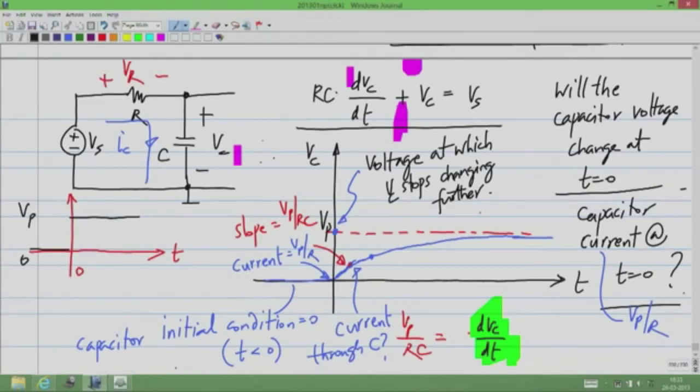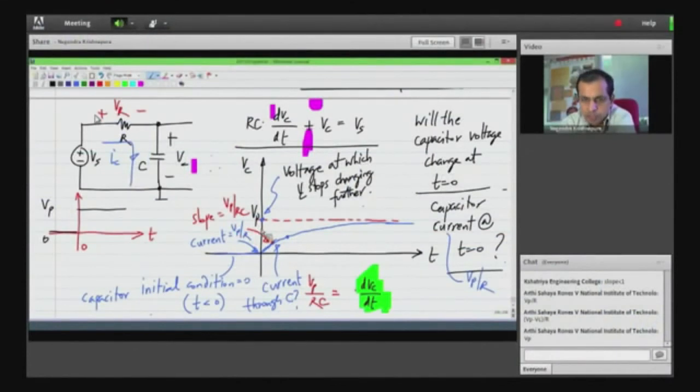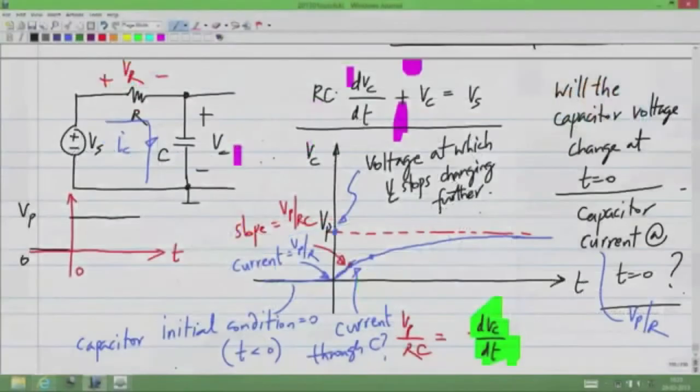So I hope this intuitive description of how an RC circuit responds to a step is clear. If not, please ask your questions and I will clarify it further. What happens is, let's say you start from a discharged capacitor, that is a capacitor which has no charge, and in this circuit at t equal to 0 there will be no infinite currents, so the capacitor voltage will not change instantaneously, but at t equal to 0, because the input voltage increased to Vp, the current will increase.